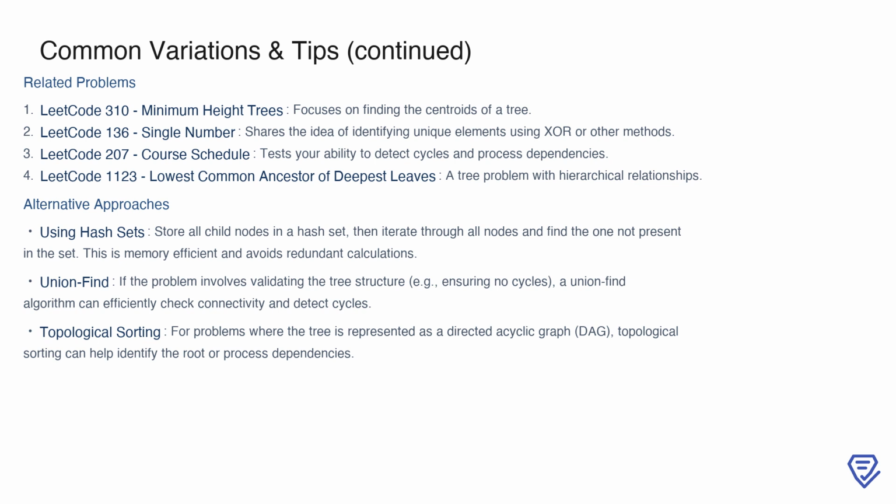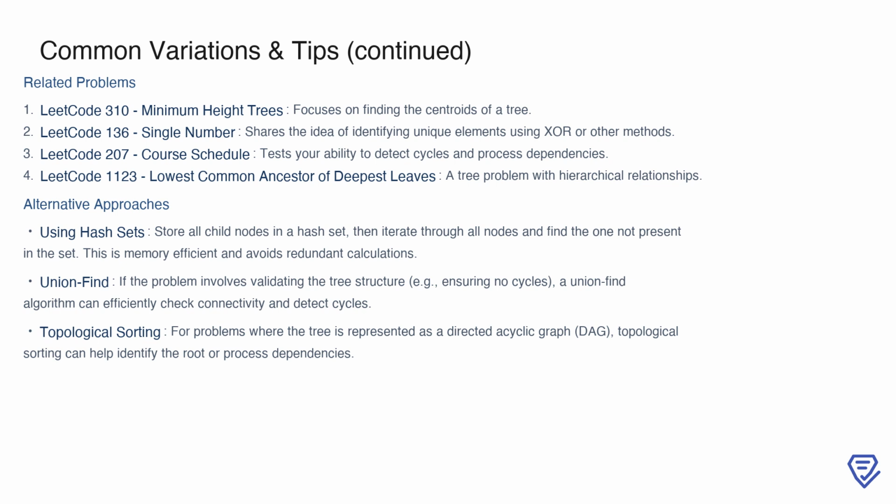LeetCode 207, Course Schedule, tests your ability to detect cycles and manage dependencies, which is highly relevant if the tree structure resembles a directed acyclic graph. Lastly, LeetCode 1123, Lowest Common Ancestor of Deepest Leaves, is another tree problem that emphasizes understanding hierarchical relationships.